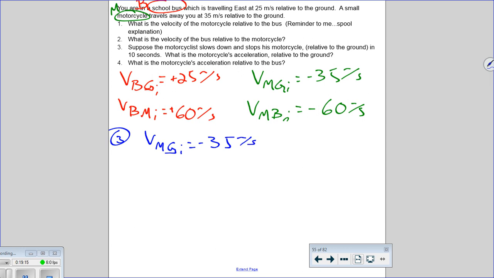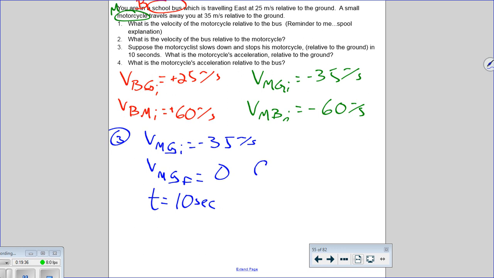And then he's going to stop. So the velocity of the motorcycle relative to the ground final is 0. And I know that this all takes a time of 10 seconds. Follow? So we ought to be able to find the acceleration now, relative to the ground, right?